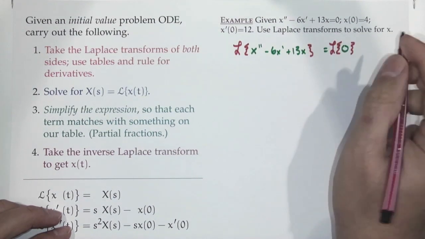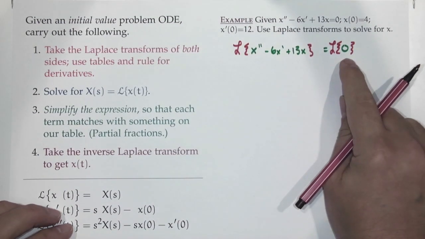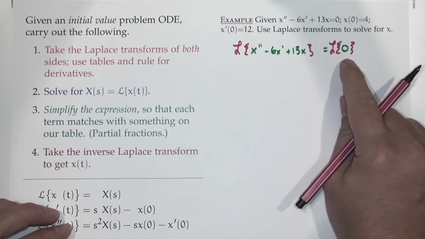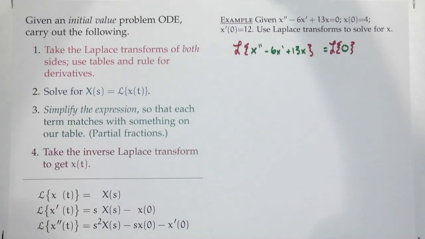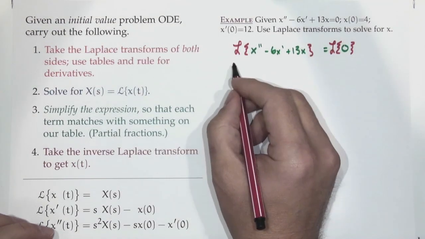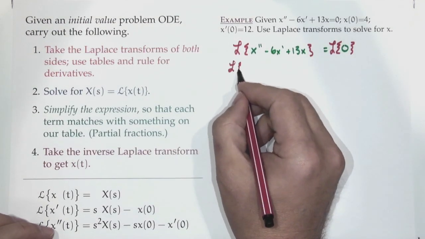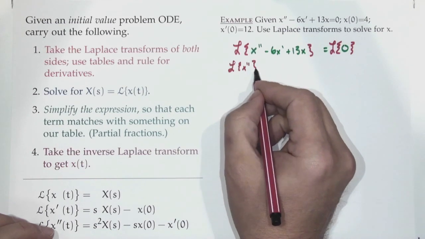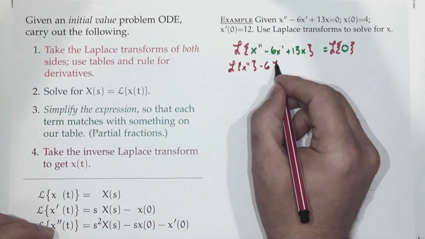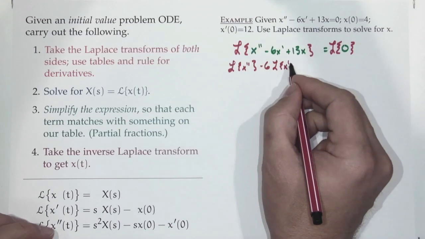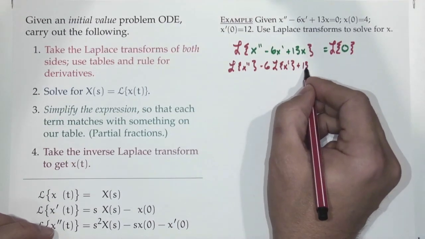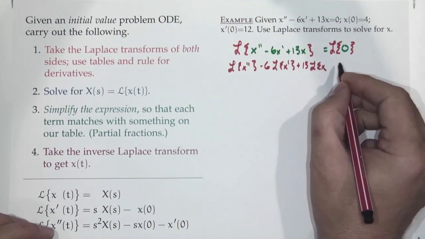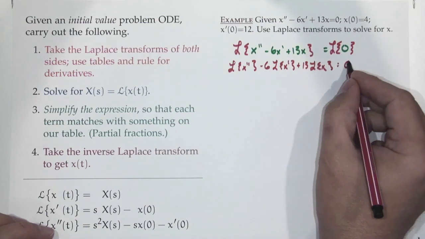Now, we actually haven't talked about what the Laplace transform of 0 is, but I think you can probably guess. Yeah, 0. Okay, good. Now, of course, for the rest of this we use linearity. So it's the Laplace transform of x double prime minus 6 times the Laplace transform of x prime plus 13 times the Laplace transform of x equals 0.